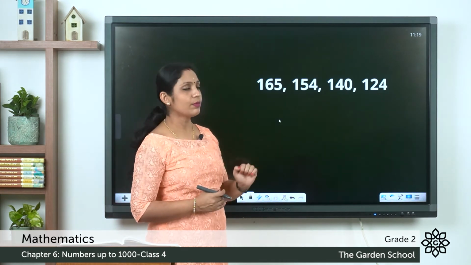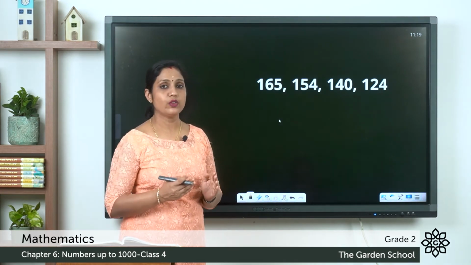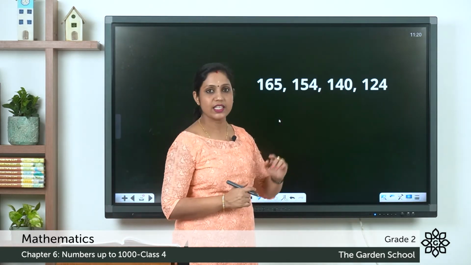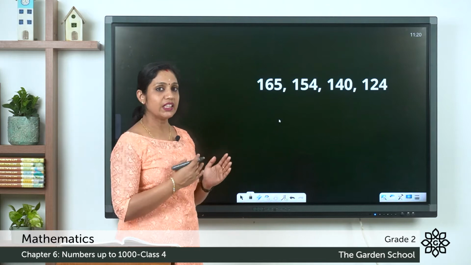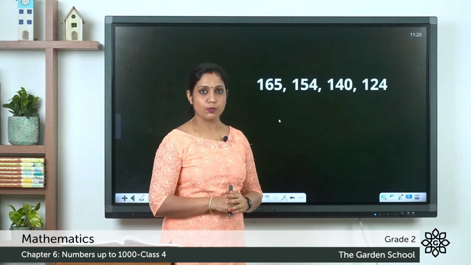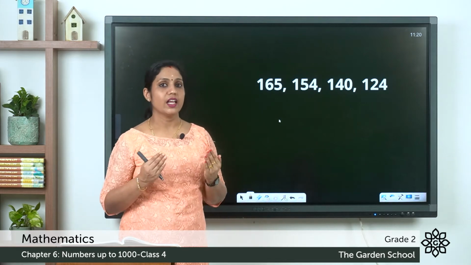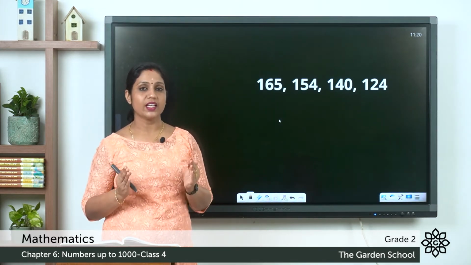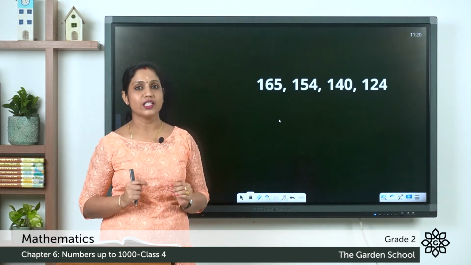And look at the last number. We have 124, and 124 is the smallest among these numbers. So we can say that these numbers are arranged from the largest to the smallest. So when we arrange the numbers from the largest to the smallest, we say that it is in the decreasing order or descending order.